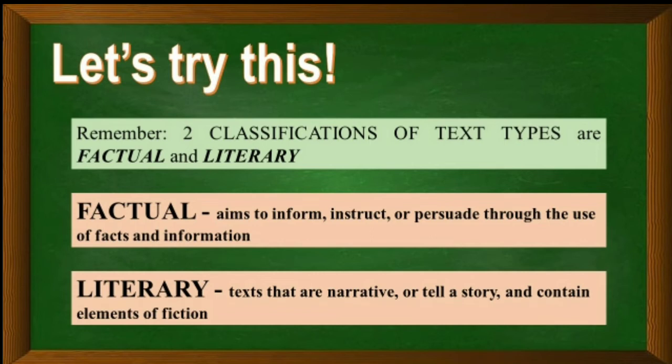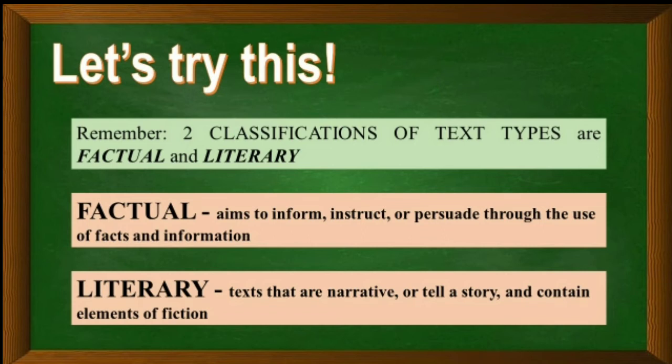So therefore, among those 4 various text types that we discussed, such as narrative, argumentative, informational, and procedural, 3 of them fall into this classification, which is factual, and these are argumentative text, informational, and procedural, because these texts all aim to inform, instruct, or persuade through facts and information.